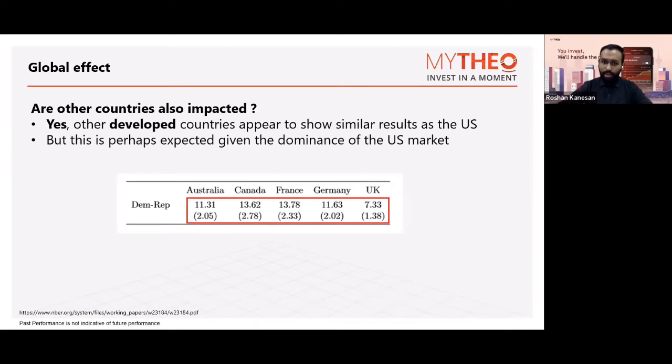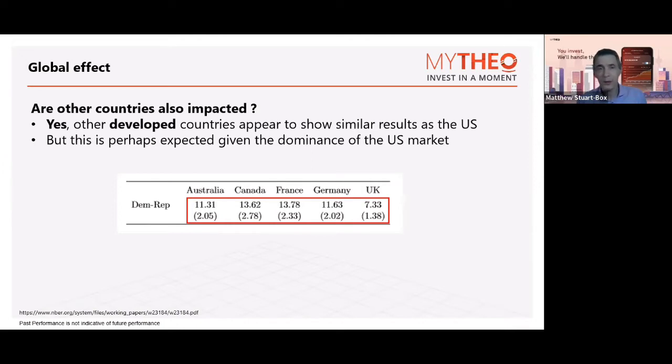But when we take a look at the investing landscape, more specifically MYTHEO's position, does MYTHEO take a look at this? Are we positioned to take advantage of these long-term trends, or is our analysis more? How do we take a look at this kind of data? Yes. This stuff is all very interesting, but just to be clear, MYTHEO does not take positions based on things like election cycles.